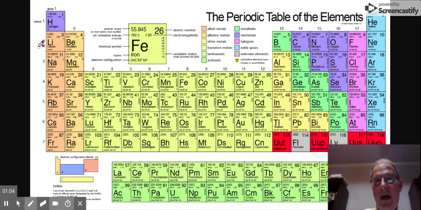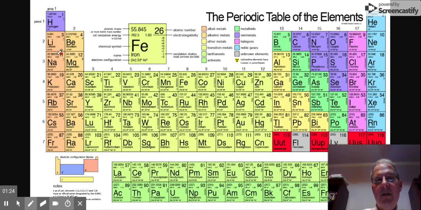Atoms have anywhere from 1 to 7 different electron shells, and how they're filled is determined by the row or the period.